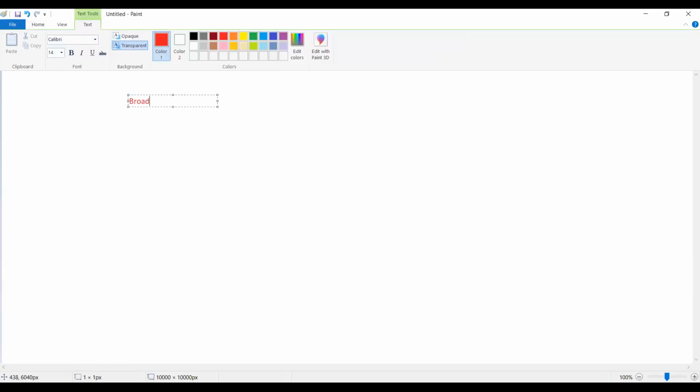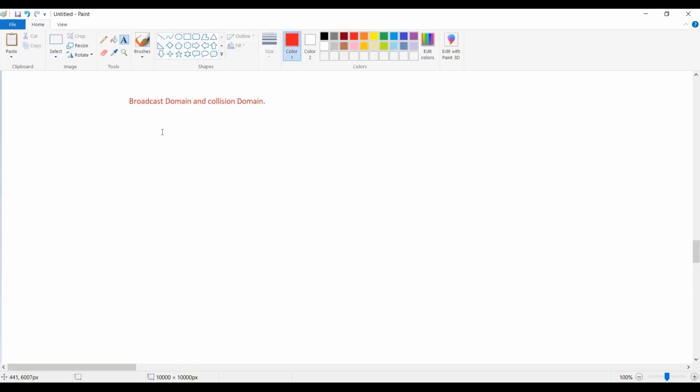What is a broadcast domain? So, do you know anything about what a hub is? Yeah, a hub will send data through all the ports except the incoming port, right?